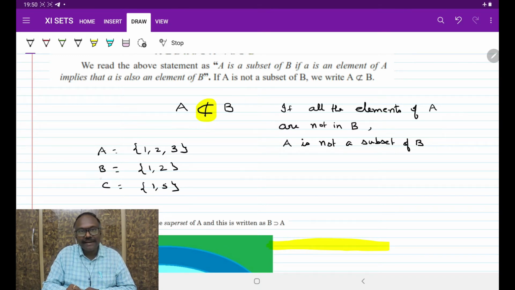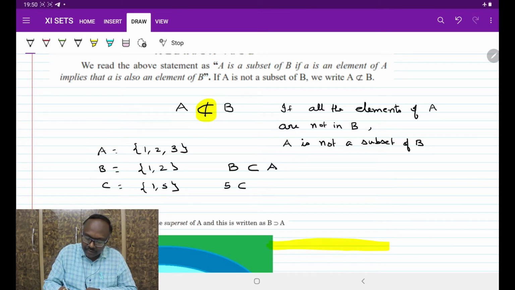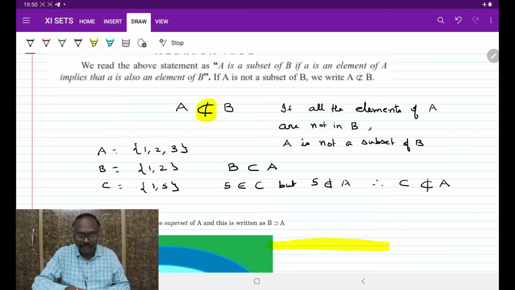If you observe the set B, all the elements of B are in A. So, we can say that B is a subset of A. Whereas, if you observe the set C, all the elements of C are not in A. You observe that 1 is in A, but 5 does not belong to A. So, we say that 5 belongs to C, but 5 does not belong to A. Therefore, C is not a subset of A. So, we use the symbol not a subset in this case.